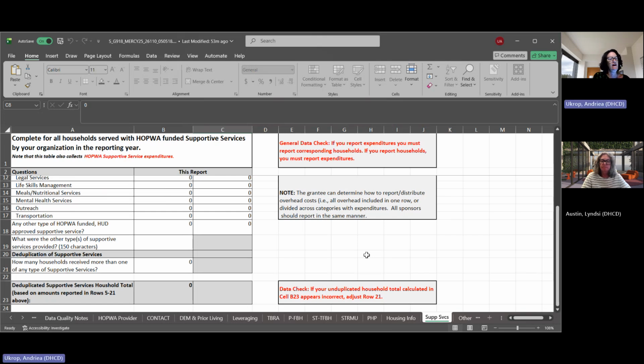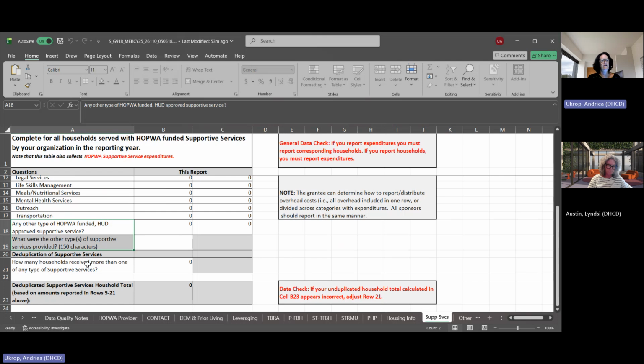Okay, so if we look at row 18 and 19, so that should be 0. There's specific types of funding for this. This is not funding that we have. So those are always going to be 0 or left blank.